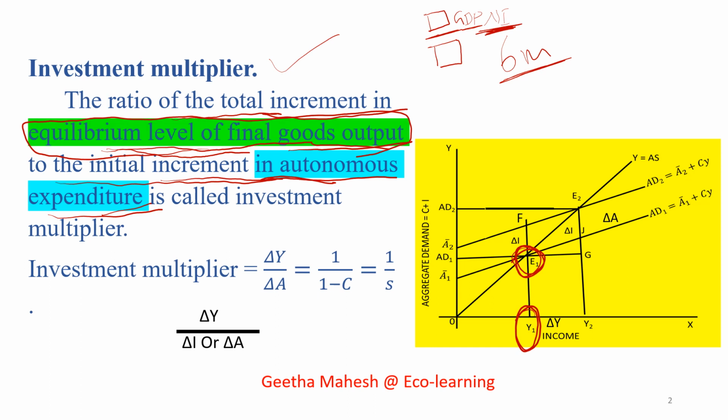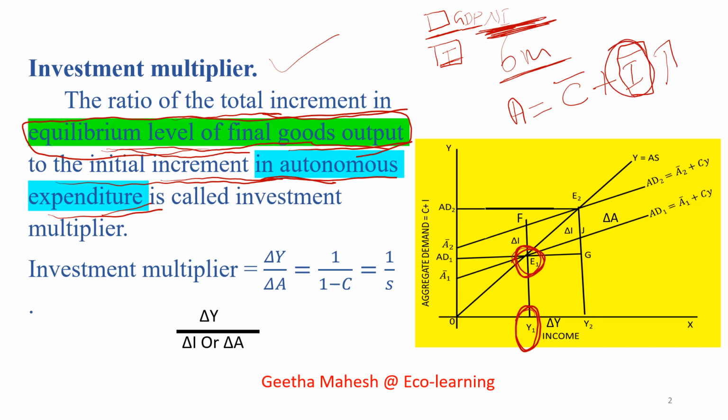In the previous videos we discussed that autonomous expenditure includes autonomous consumption plus autonomous investment. If we change, increase, investment, what happens to this equilibrium level of income? So here it is a ratio between national income and change in investment.